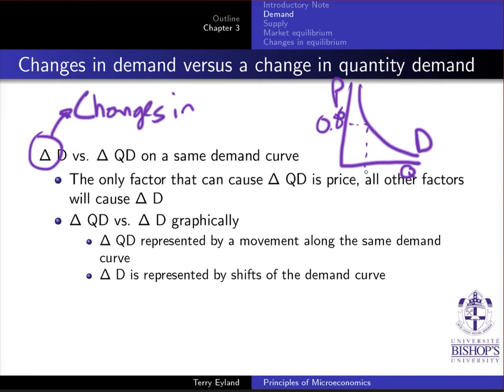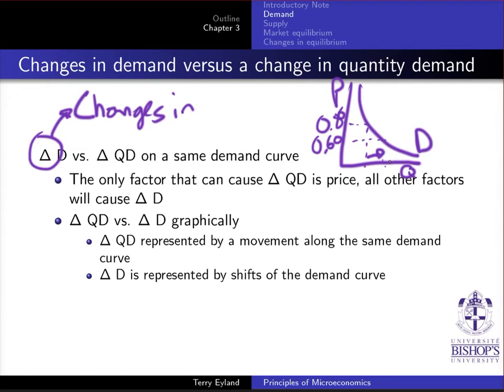If the price for some reason were to drop to 60 cents, and we'll see what those reasons may be in the future, we would notice that we would now have a greater quantity demanded. By our law of demand, as the price fell, quantity demanded has gone up.